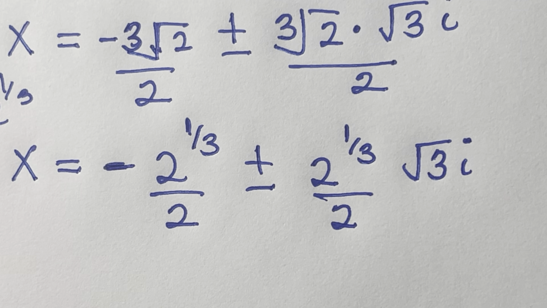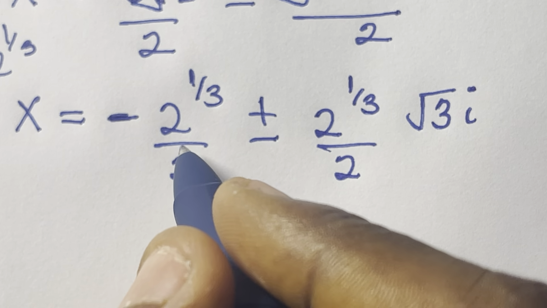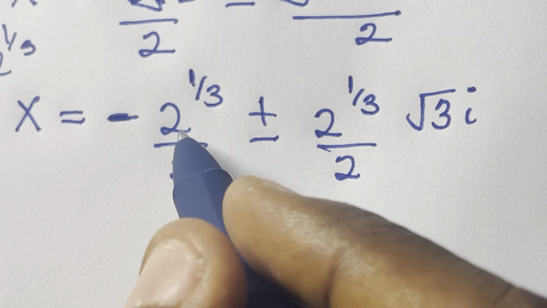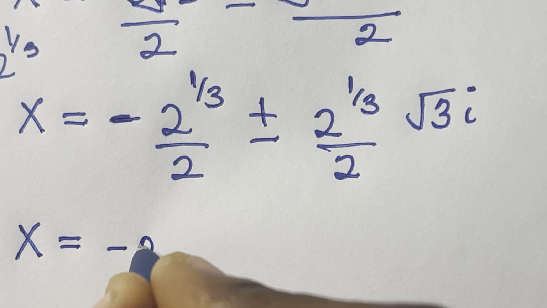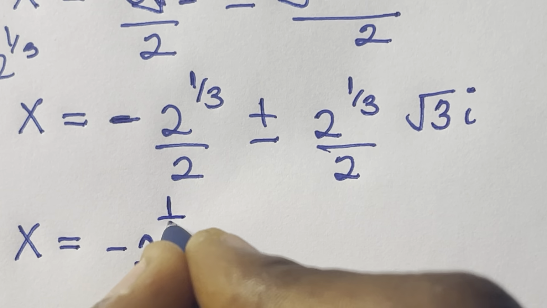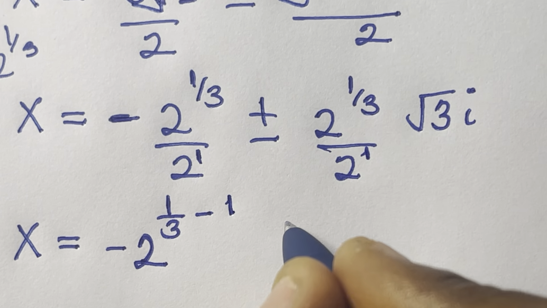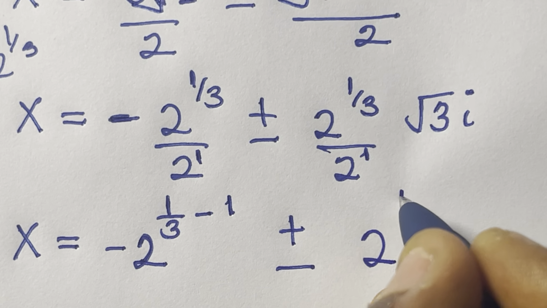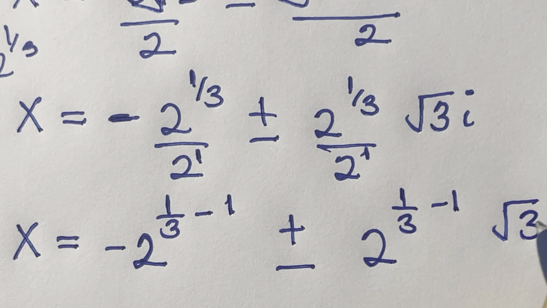Now from the law of indices, when numbers with equal base are divided, the power of the divisor is subtracted from the power of the dividend. So we have x equals minus 2 raised to 1 over 3 minus 1, plus or minus 2 raised to 1 over 3 minus 1, then square root of 3i.